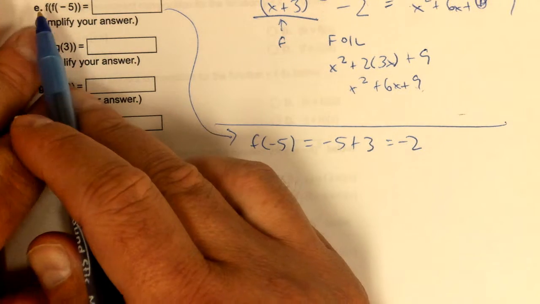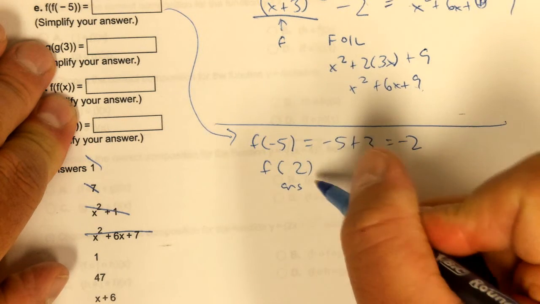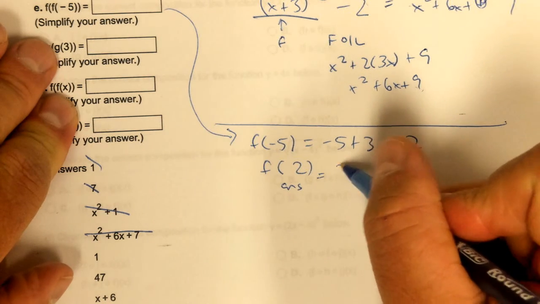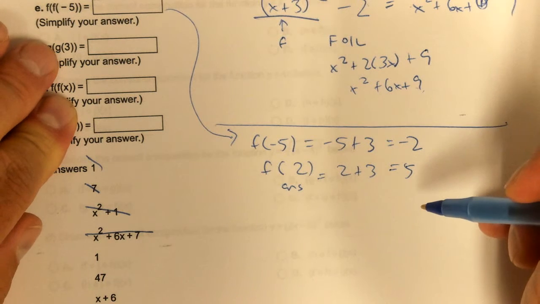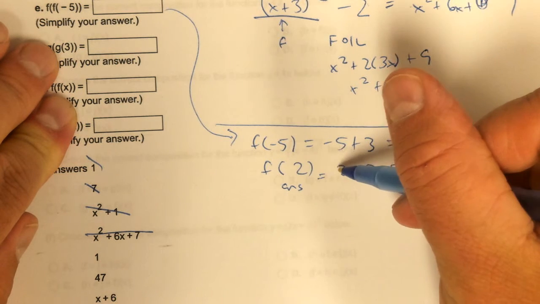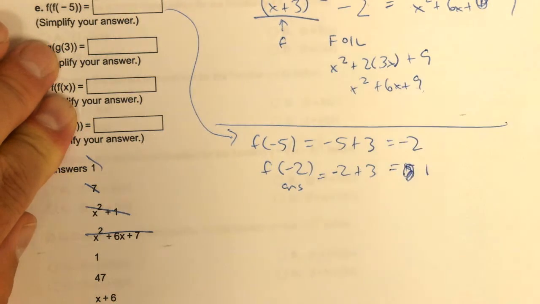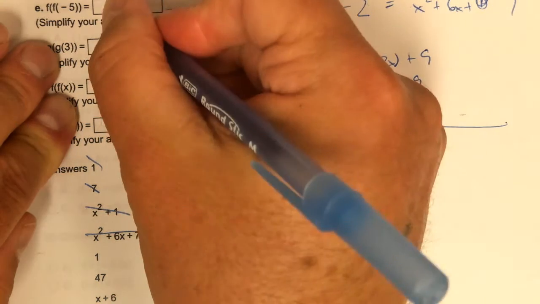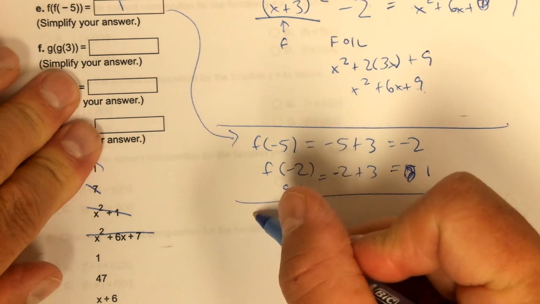Now we have to do f of that answer, and so that would be -2 plus 3, which is 1. Oh, again, here's a negative, put the negative here, negative there, and this is a 1. Okay, my bad.